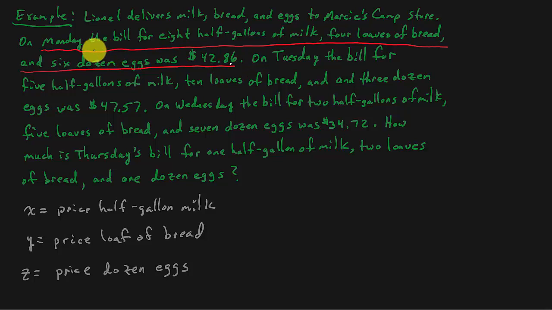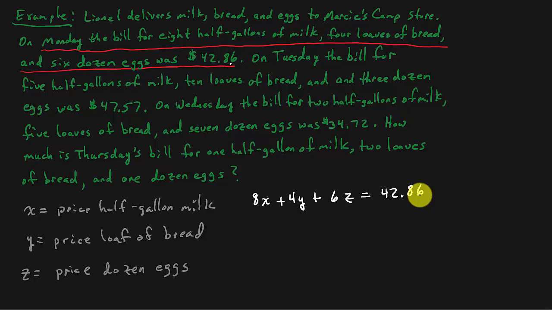So it says that 8 half-gallons of milk, so that's 8x, 4 loaves of bread, plus 4y, and 6 dozen eggs, so 6 times z, and that's equal to $42.86.